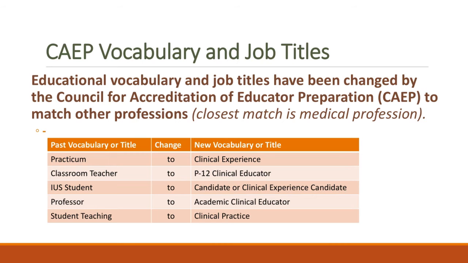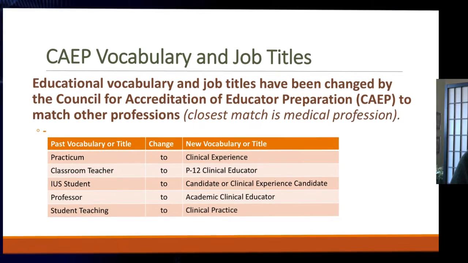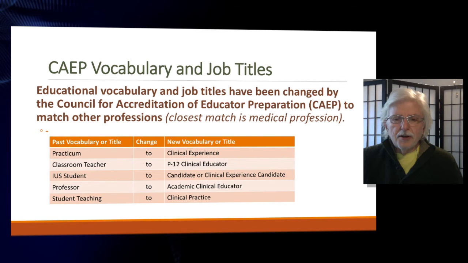So this slide that you see now shows the past vocabulary on the left and the new vocabulary on the right. The students that are with you in F200 are completing a clinical experience, and you are the P12 clinical educator. The P12 clinical educator title is to elevate the importance of your role in this process of training teachers.